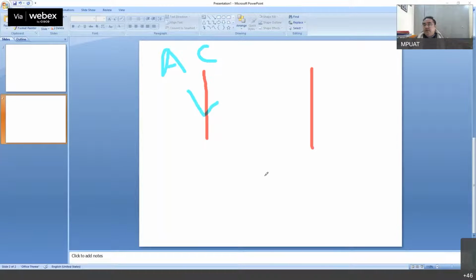Now you know that whenever a current flows through a conductor, a magnetic field is produced. Since AC is flowing through it, the magnetic field so produced will also be alternating in nature.